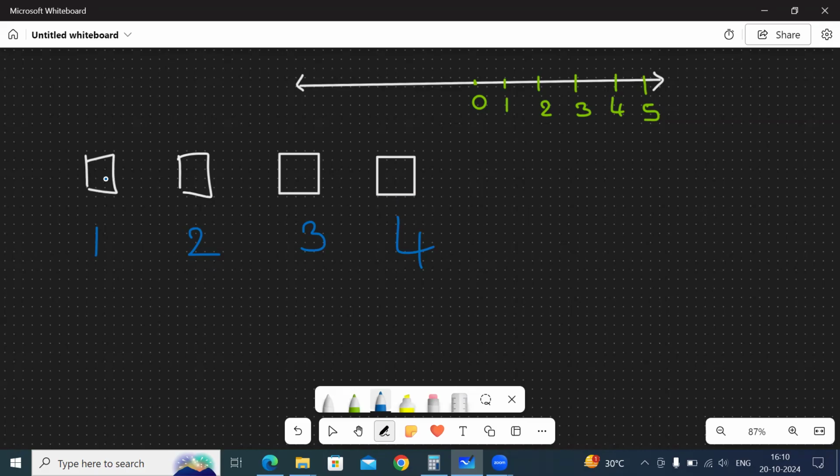You won't consider this as the zeroth object. You won't start your count with the number 0. You will only count with the numbers starting from 1, 2, 3, and so on. So whenever you count any objects starting from 1, 2, 3, 4, and so on, you would definitely call them counting numbers.